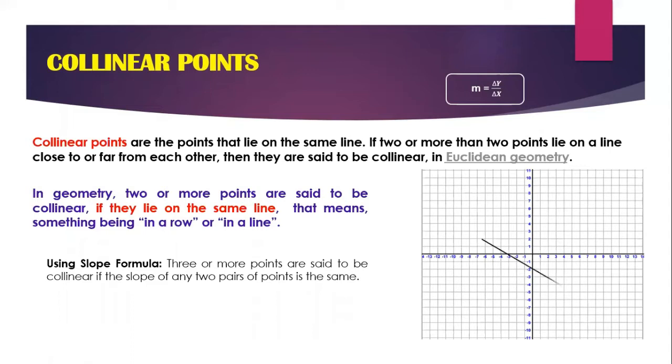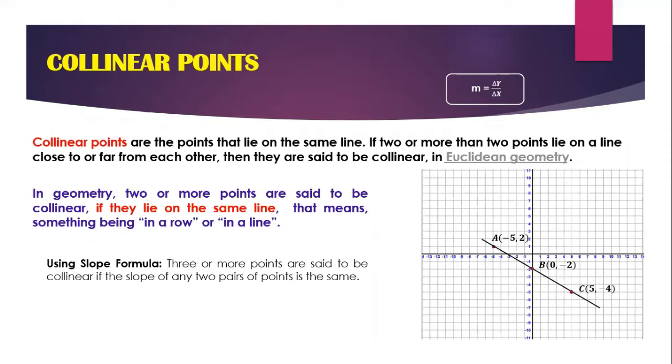Look at the diagram. Please give attention to the black line on the graphing paper on your screen. Let's say the coordinate A is (-5, 2), coordinate B is (0, -2), and the coordinate C is (5, -4).